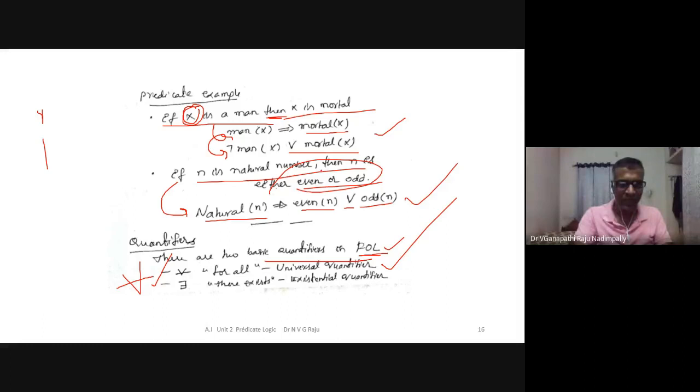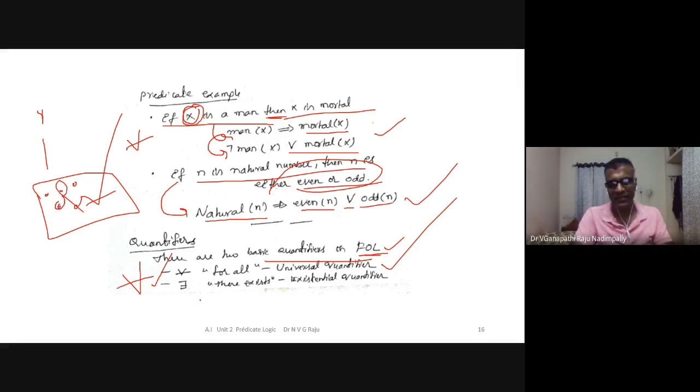If I have a box in the class, if I have 5 elements, and all elements are true, then I am going to represent it as for all. For example, if I have 5 conditions, condition 1, condition 2, condition 3, condition 4, condition 5, and my predicate or my term is satisfying all conditions, I will write it as for all. If only 1 or 2 are satisfying, then I will write it as there exists. Clear?